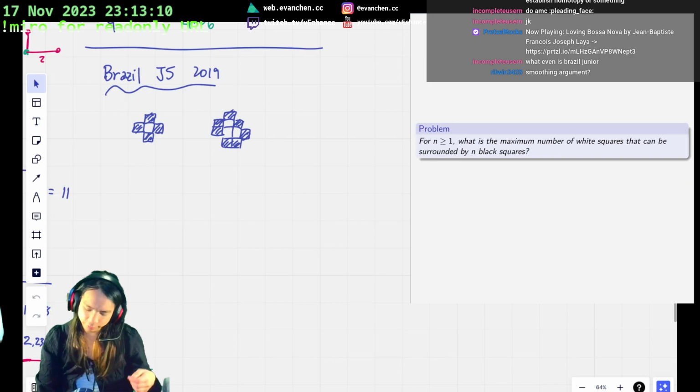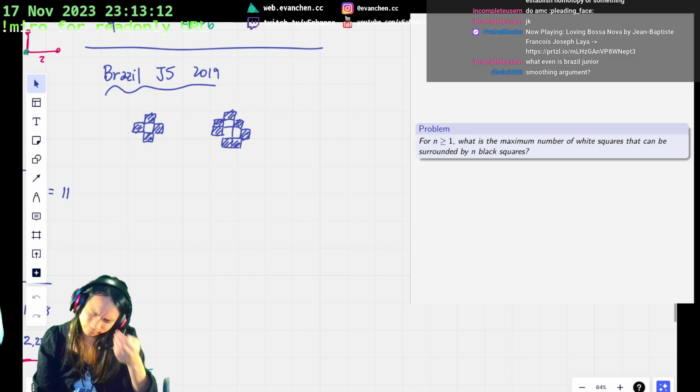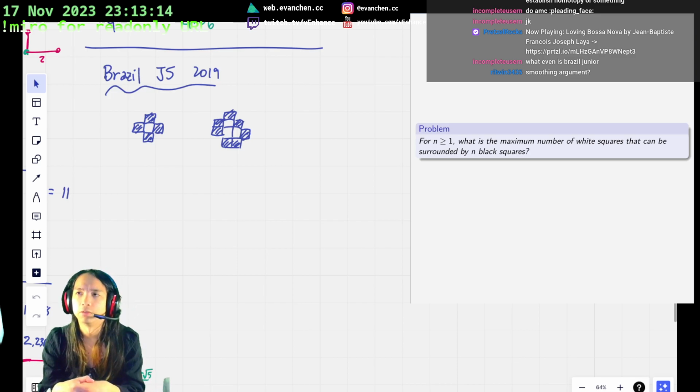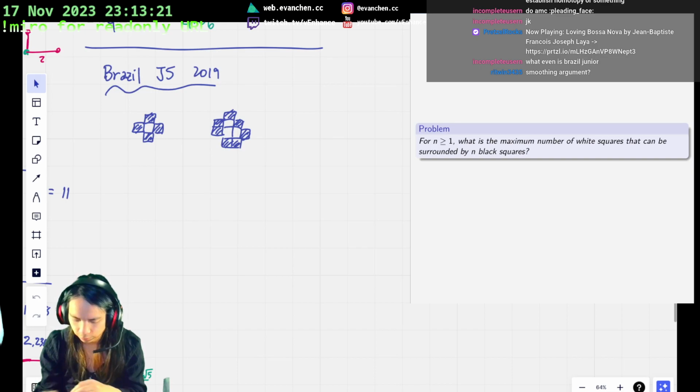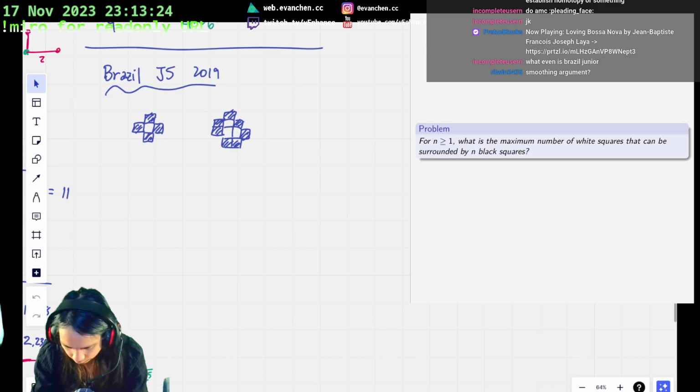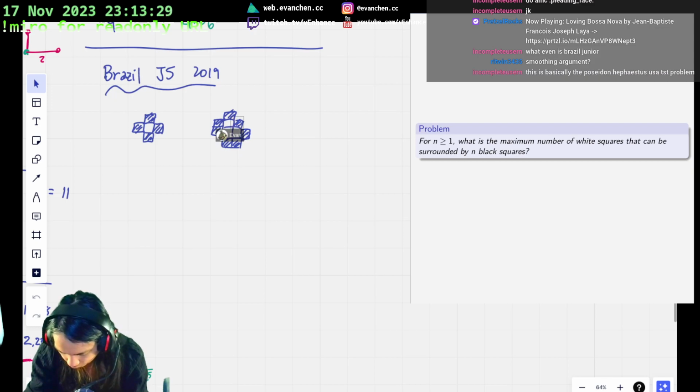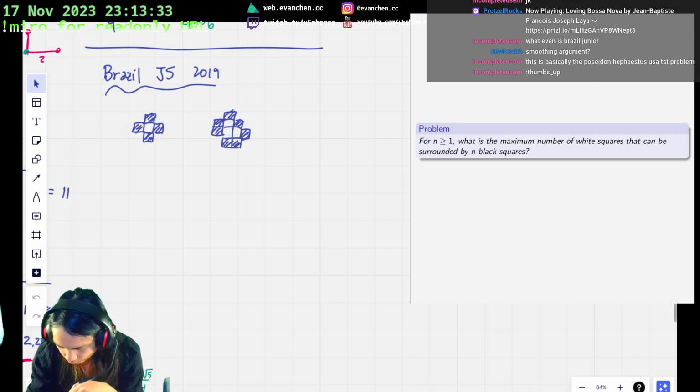So certainly, when you enclose a bunch of white squares, well, no, that's not quite true. You can actually. I actually don't know what the answer is.